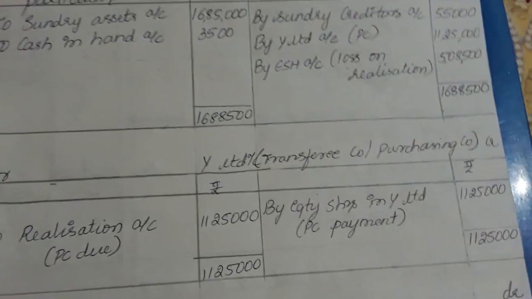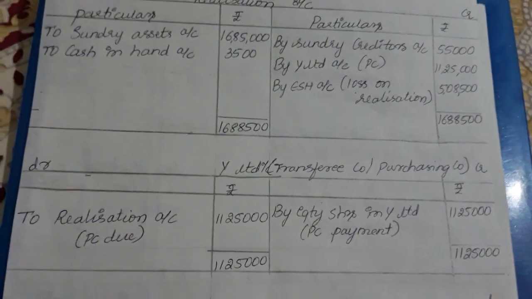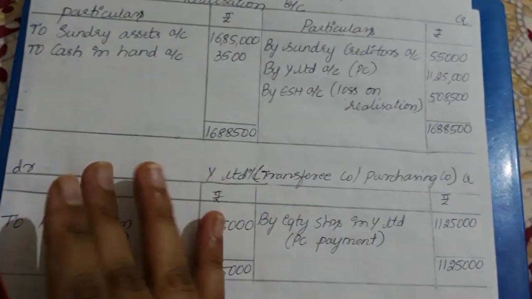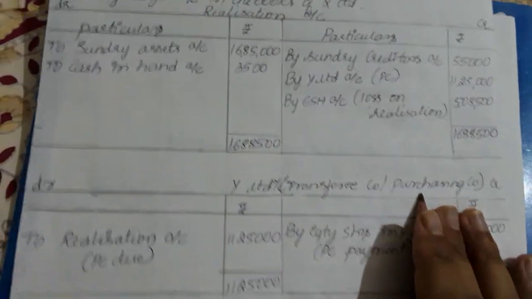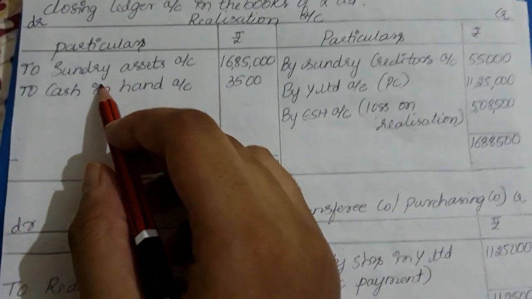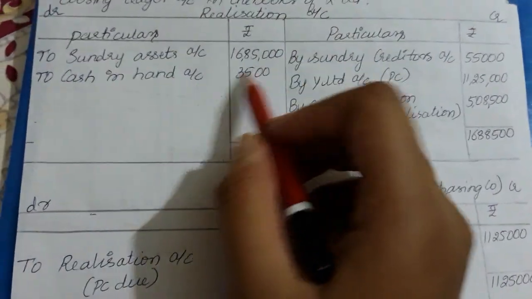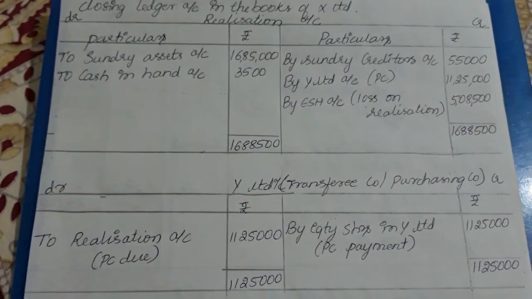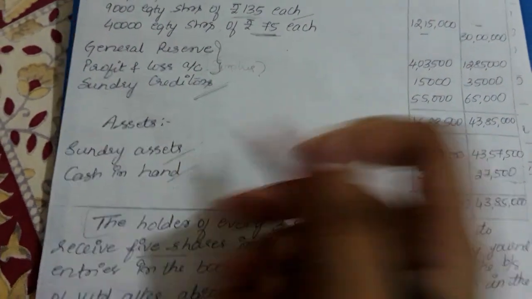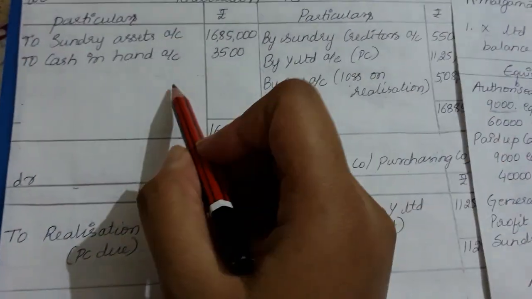What are all the things we will be writing in the realization account? All the assets and expenses we will write on the debit side, and all the liabilities and income on the credit side. You can see the sundry assets and cash in hand from the balance sheet have been written.